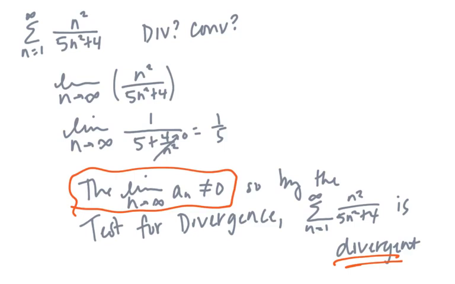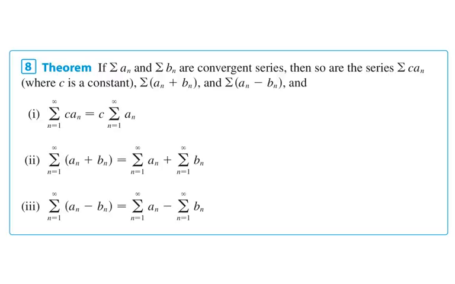One more thing, your summation laws have not changed since we looked at them, and they're similar to your limit laws. So if you have a series, you can always pull a constant out, like here. If you have the summation and you're adding two series, you can add them separately or subtract them separately. Those things kind of make sense.